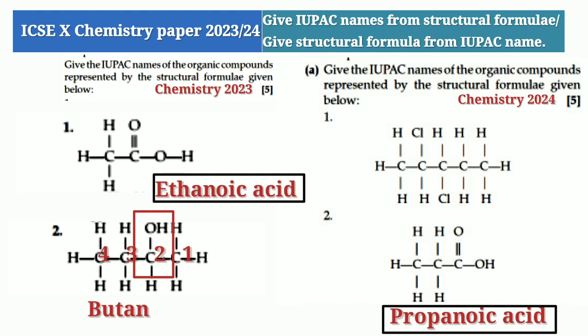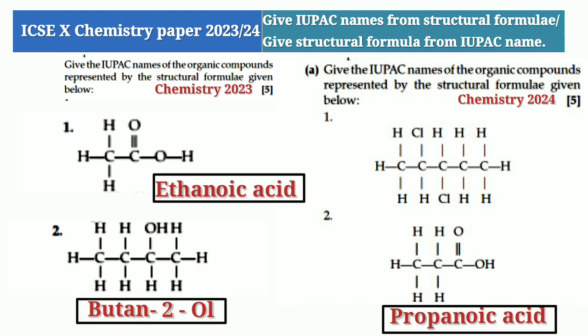Suffix for alcohols or functional group OH will be ol, but before writing that we have to give exact location where functional group OH is present on the carbon atom, which is 2. So IUPAC name of the given compound is butan-2-ol.